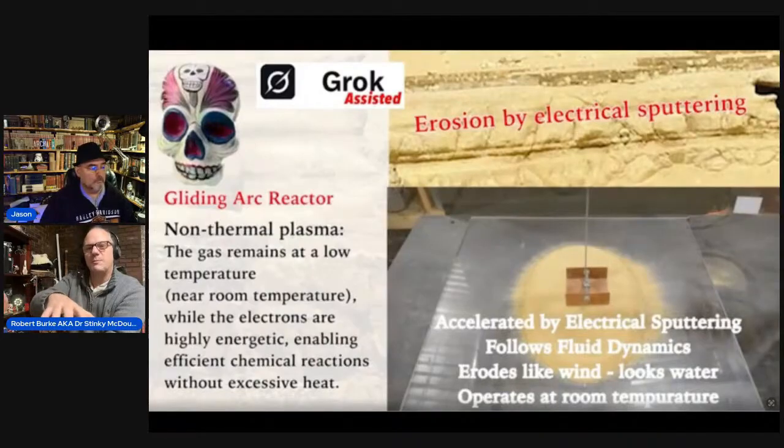And that electrical sputtering is what creates the etching within the walls. It looks like water etching, but that's because electrical sputtering has very much the same shape as water, because water itself really erodes like an electrical current. Current is current, whether it's water or electricity.